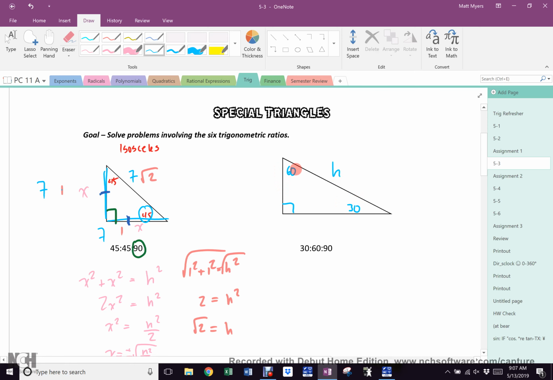So this side must be the shortest side. If this is the shortest side, does it make sense to give this the variable? It does, doesn't it? Because everything should be in terms of that smallest variable, like on this side, x and x, they were the same.